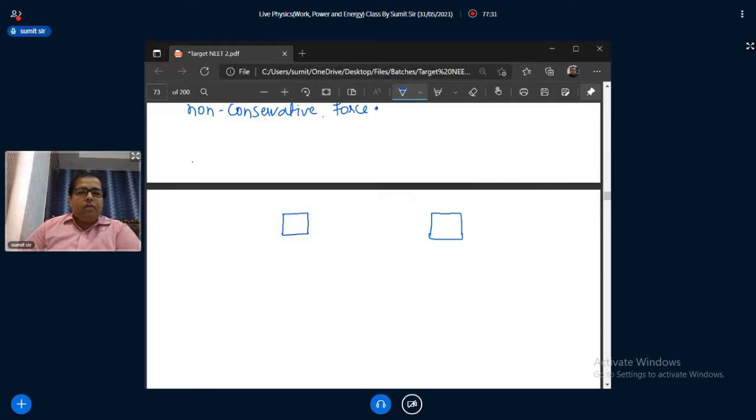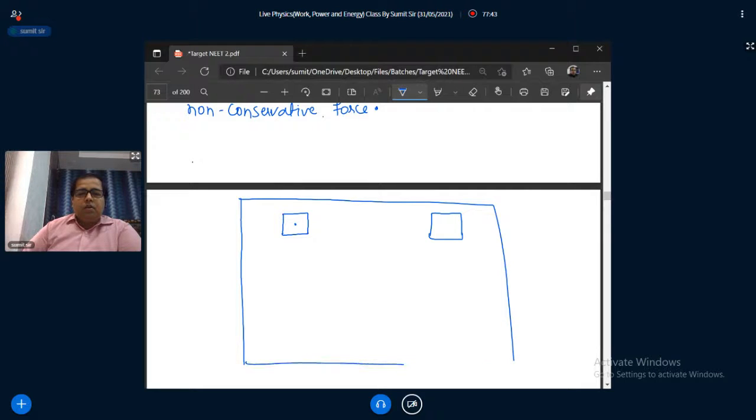Okay. Suppose this is a horizontal surface. Actually, we are watching from the air. Suppose you take a particle from this point, and displacement is s.